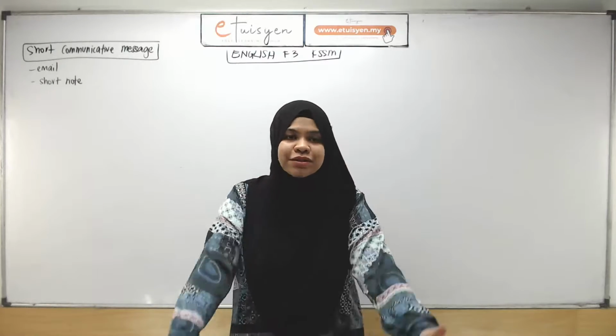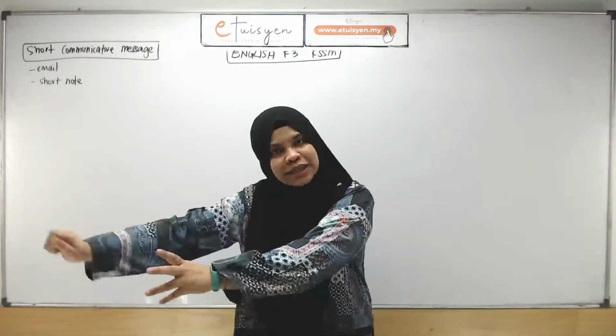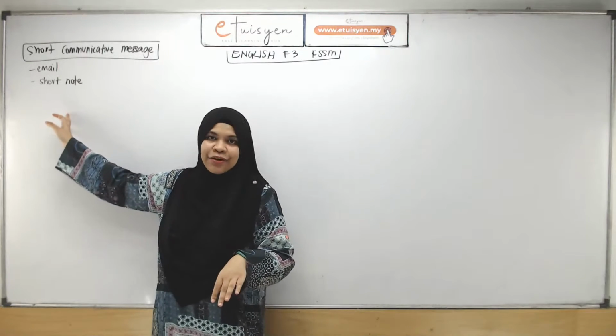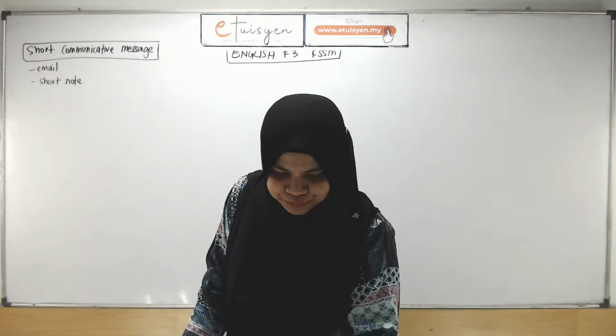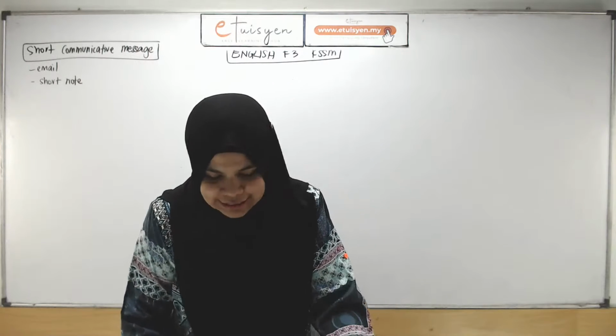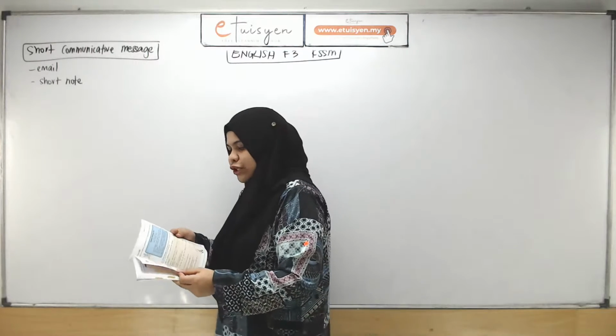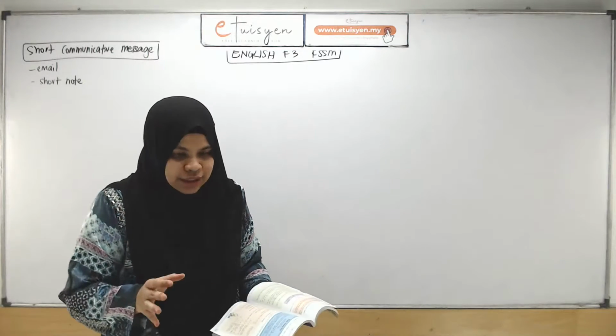So what you can do is write on the paper the message and pass it to someone else. So this is what the function of the short note is. Okay, so ataupun tiba-tiba tak ada wifi, tak ada internet. Alright, so that's what it is. So let me give you an example and we're gonna go through it together.